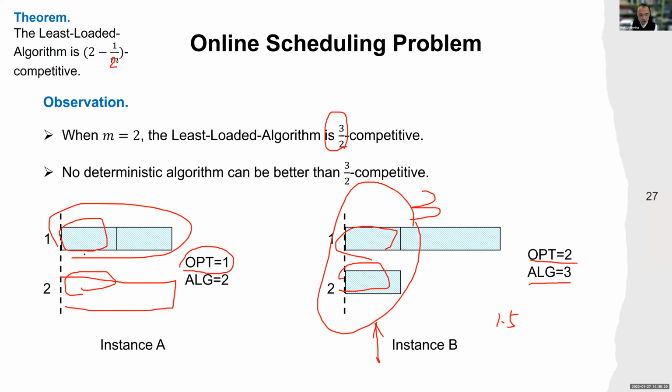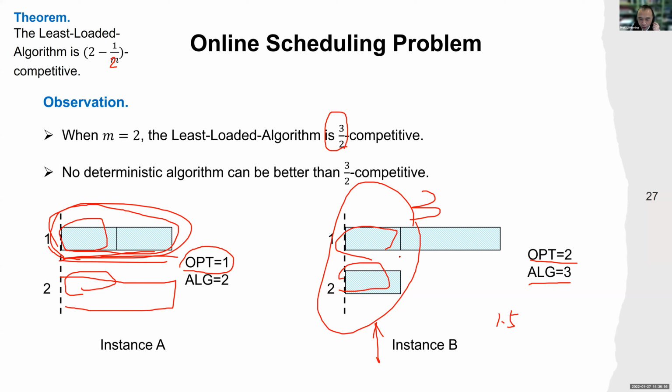And then for each case, the adversary or the bad guy says, okay, if you do this, then I do something which makes your performance bad. I make you regret your earlier decision, all right? So in this case, I do not release anything, then you will regret your decision. You should have allocated them evenly to 2 machines.